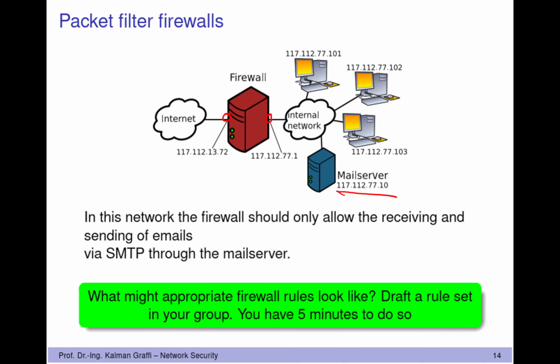So very generally, what kind of traffic should be permitted in the firewall? Here we have the mail server, and we have the internet. How would you set up the filter in the red firewall?